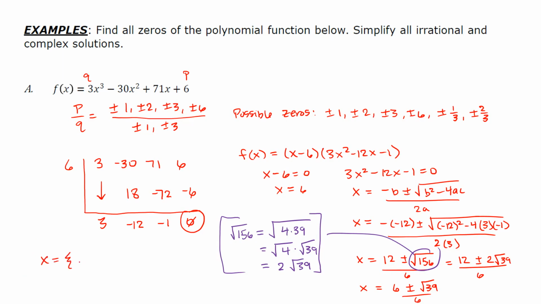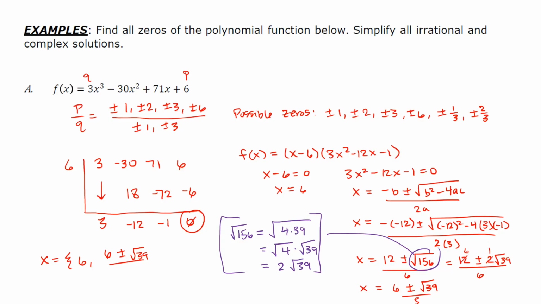Okay? So my final answer, the actual zeros of f of x, would be 6 and 6 plus or minus the square root of 39 over, I divided everything by 2, so this should actually be 3. There's an error. So if I divide this by 2, I get 6.